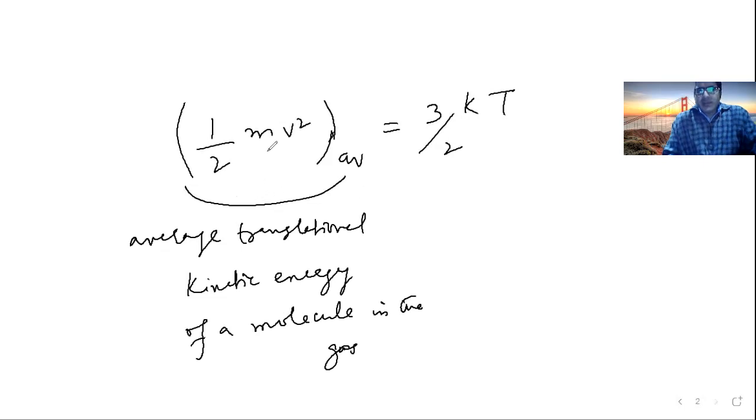And this equation says 3 by 2 is a constant, k is the Boltzmann constant.